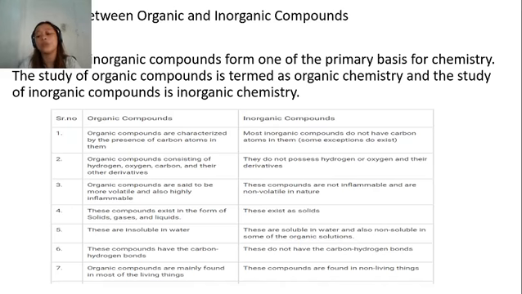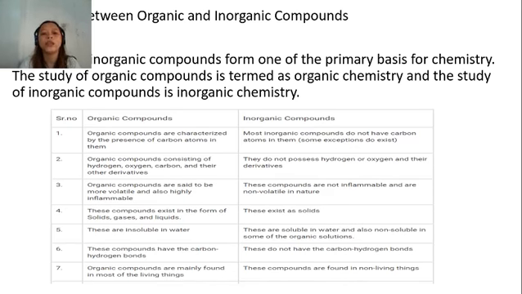But there are also some exceptions that exist. Next, organic compounds consist of hydrogen, oxygen, carbon, and their other derivatives. Inorganic compounds do not possess hydrogen or oxygen and their derivatives.